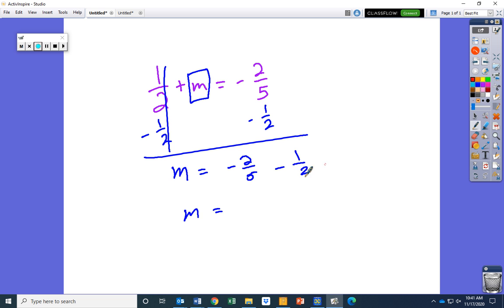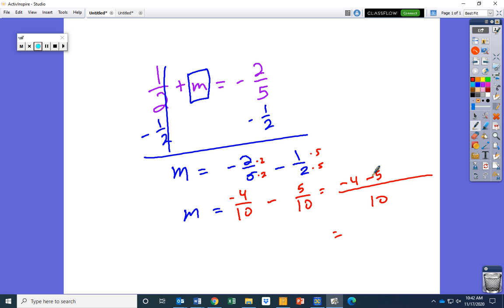If I do 10, how did I get from 5 to 10? 5 times 2, so I do the same thing up top. Negative 2 times 2 is what? Negative 4. And then I have 2 minus 2 times what? And 1 times 5 is? Okay. So all of this is over 10, right? So I have negative 4 minus 5 over 10.